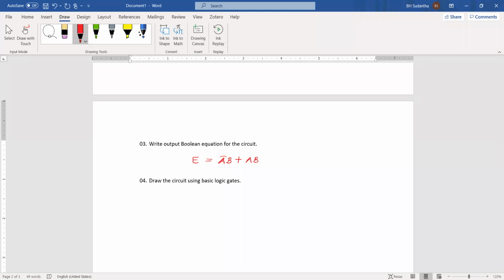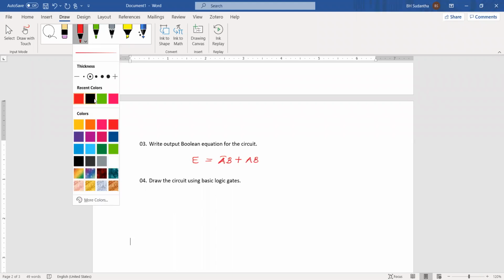Okay, now you know that one, and that's what we did. When you have an equation, we try to draw the circuit, and when you have circuits, we try to write the output equation.